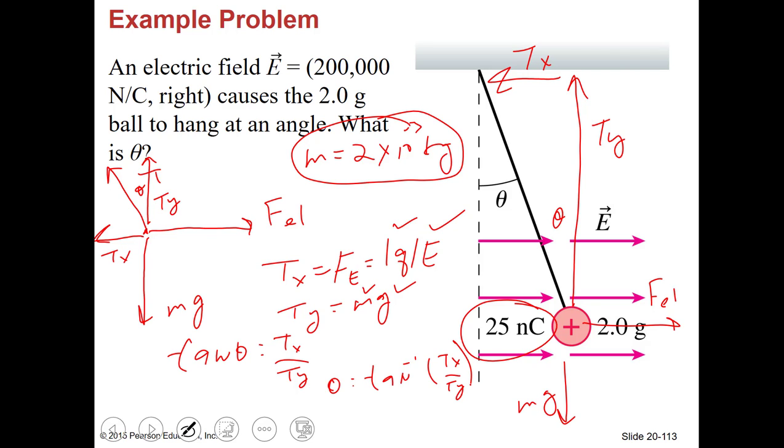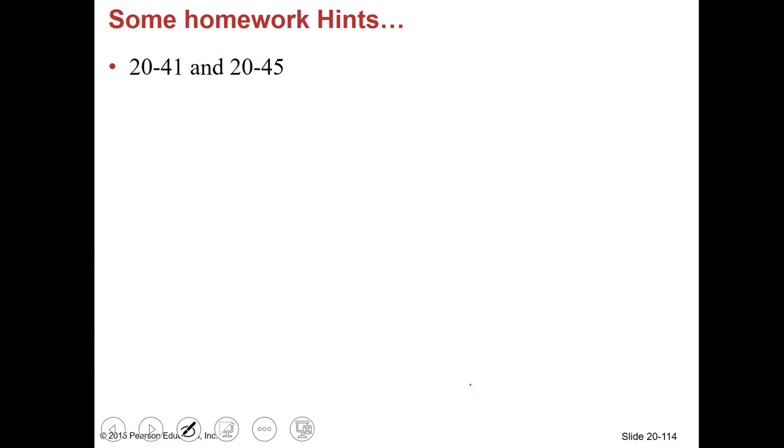So get those individual forces, Tx and Ty, from balancing forces, and then you can get theta. The larger the electric field, the greater the angle that this would actually hang at. And then I will make another video with the homework hints for 2041 and 2045.